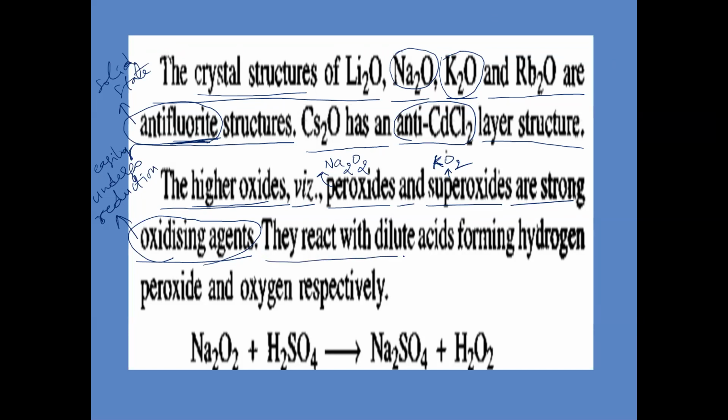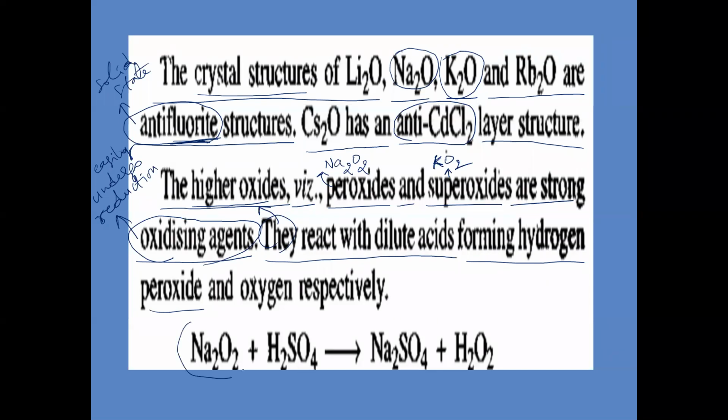Next, they react with dilute acids. The higher oxides like peroxide and superoxide react with dilute acids, forming hydrogen peroxide. So sodium peroxide will change into hydrogen peroxide.